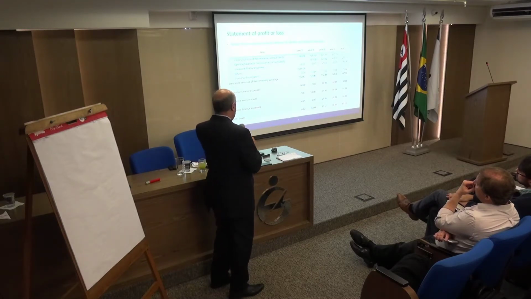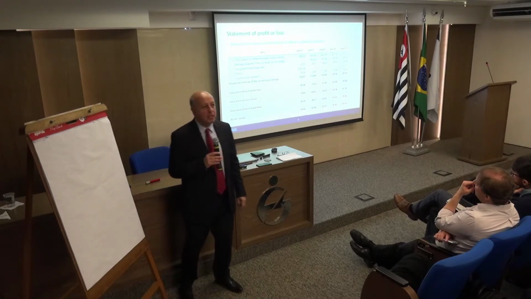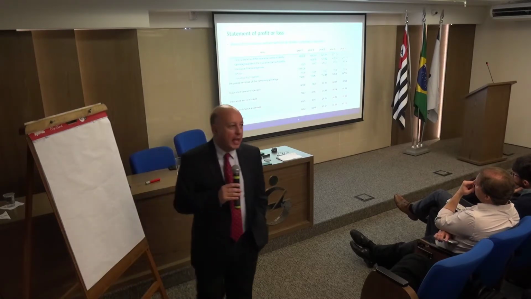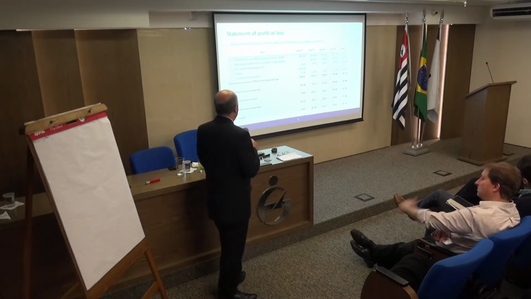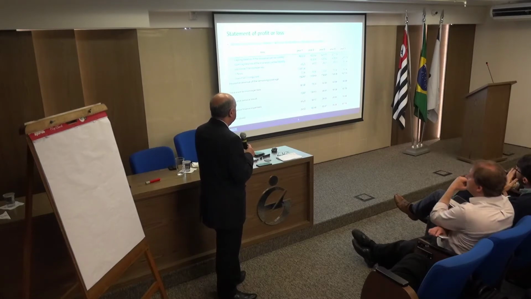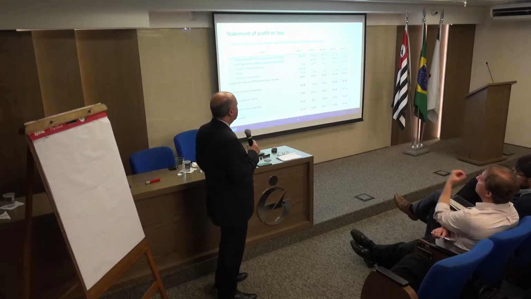Now, we have here a better or more complete profit or loss statement, and basically we have here the insurance revenue of the remaining coverage. I think this is one of the early exercises.